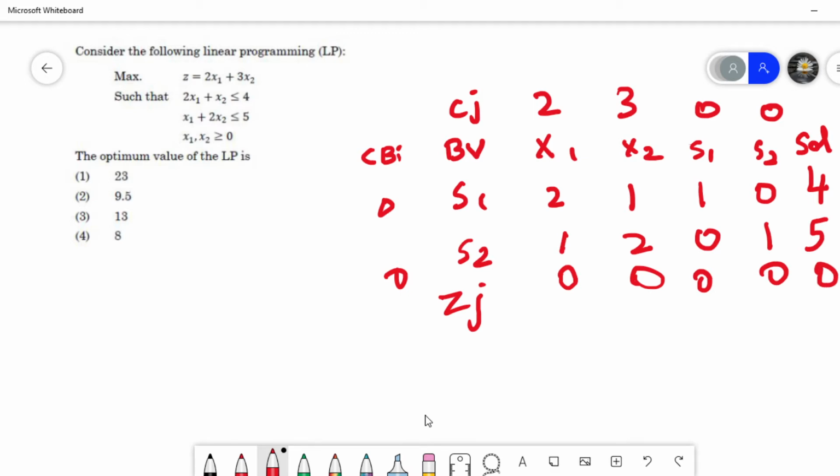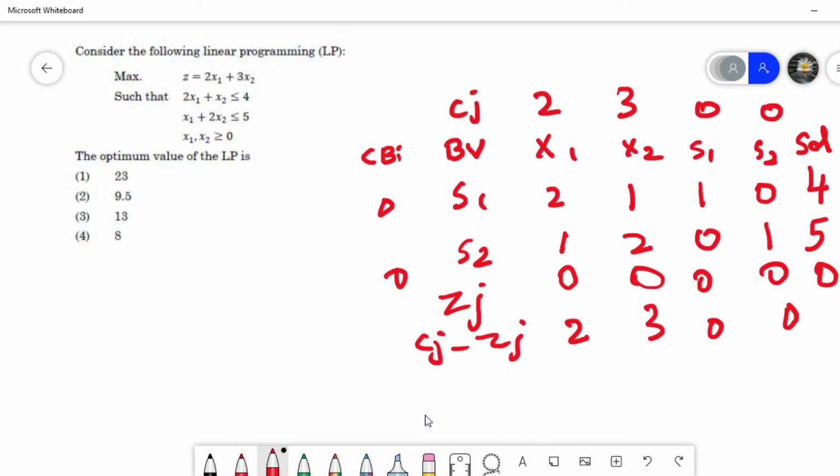Now we are going to compute the value of Cj minus Zj. Cj values 1 and 3, Zj values 0. So 1 minus 0 is 1, 3 minus 0 is 3, 0 minus 0, 0 minus 0.